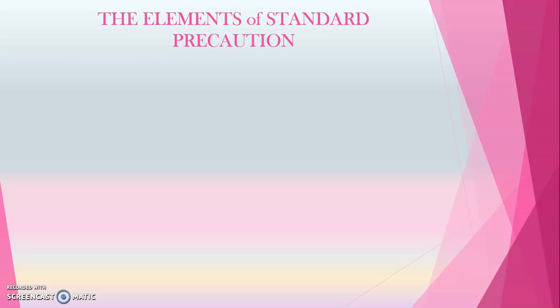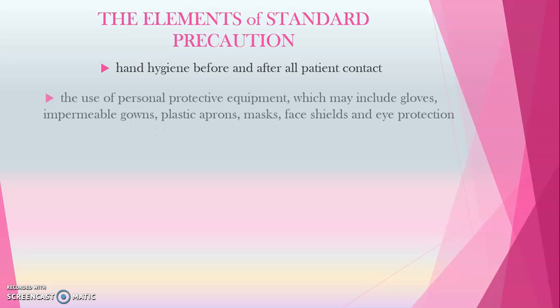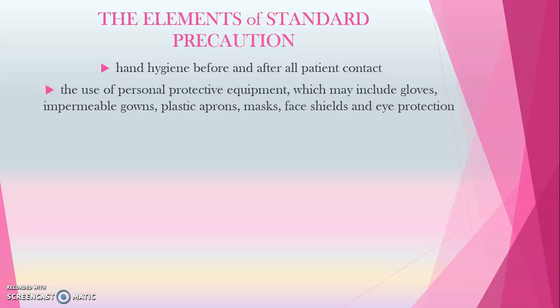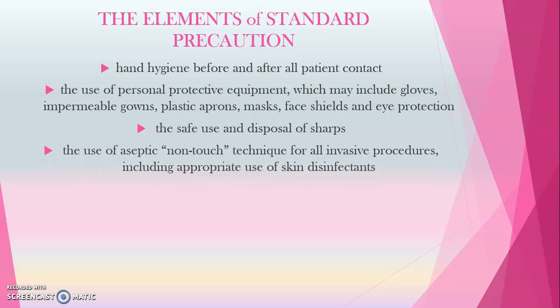There are elements of standard precaution. The hand hygiene before and after all patient contact, the use of personal protective equipment which may include gloves, impermeable gowns, plastic aprons, masks, face shield, and eye protection. The safe use and disposal of sharps, the use of aseptic non-touch technique for all invasive procedures, including appropriate use of skin disinfectant.